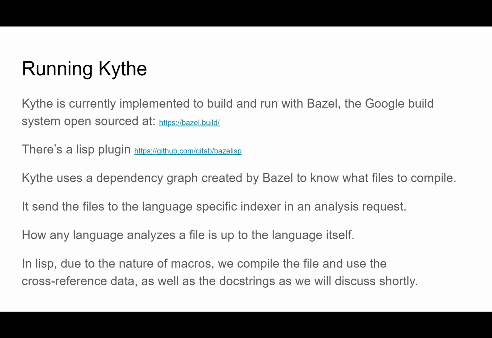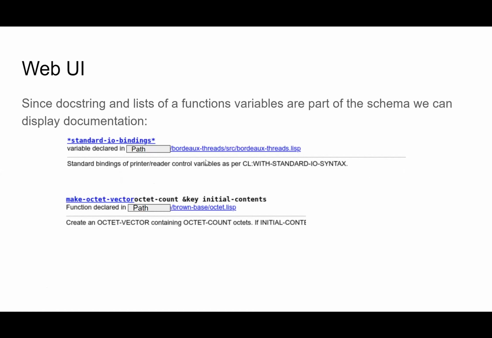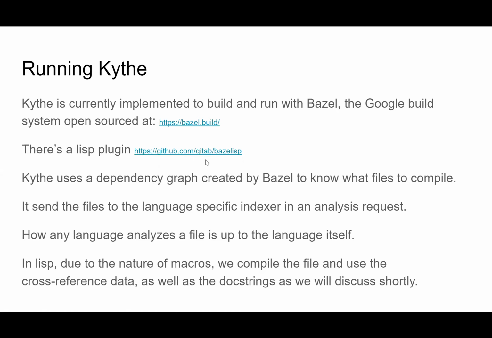What's nice is we also store doc strings in slots, in functions, and globals. So we can easily get these doc strings just by looking at the who-calls data, just by looking at the function slot in memory.